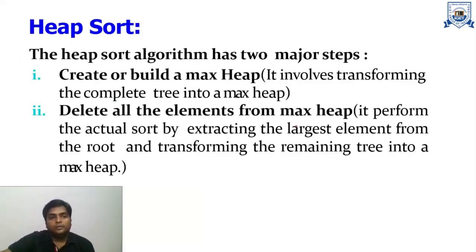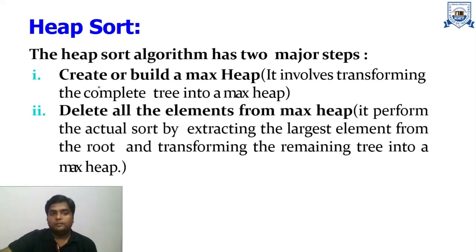Now we will discuss the concept of heap sort. Actually in heap sort we have two steps. In the first step we create or build a max heap. Here we are choosing an example of max heap; you can also choose min heap.